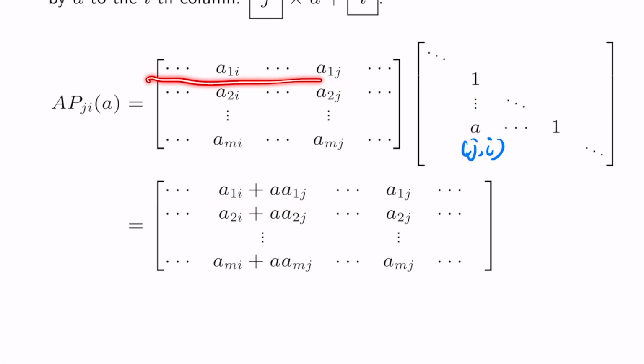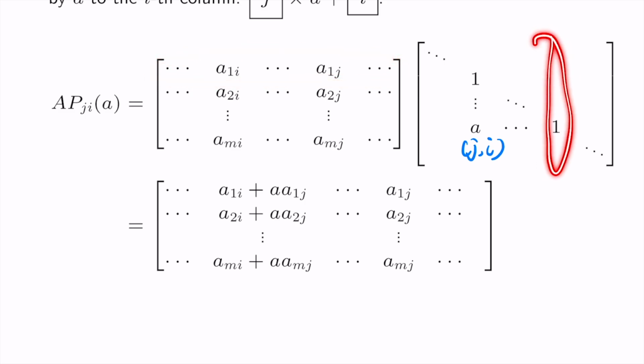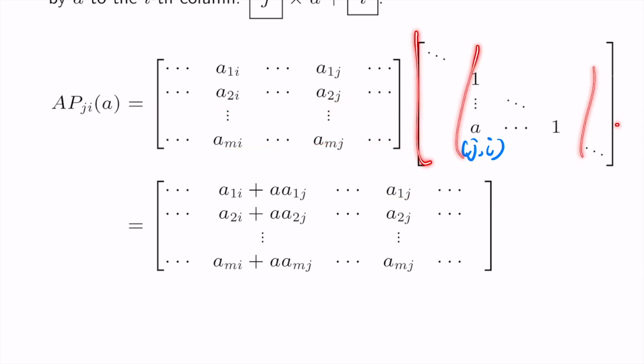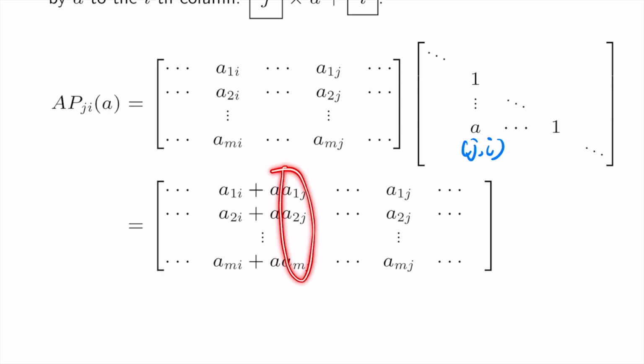And considering this times this column, this is the jth column, so everything else except for this one is 0, so we only get A1j, which is this. So if you continue this for all other rows, all other columns, we get this matrix. So the ith column has been changed. It's been incremented by A times the original jth column, and everything else is unchanged. So these three operations are elementary column operations.